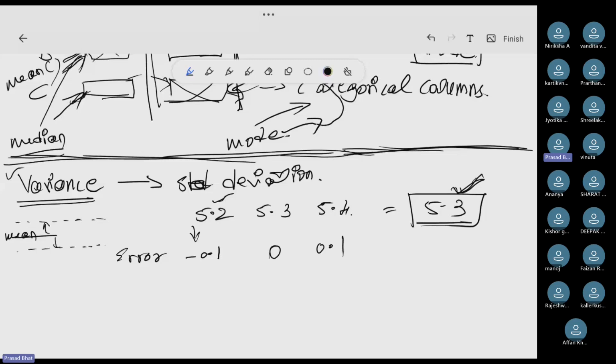Now, if I try to find out how much error I am making over the entire range, if I sum these things, what am I going to get? 0. What does that mean? Based on this simple metric, I'm not making any mistake at all. My error is completely 0. That doesn't make sense, right?